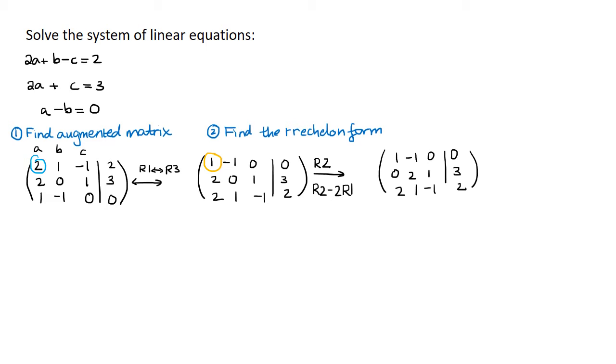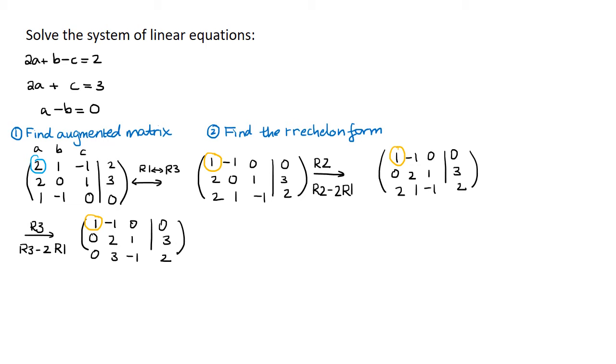Okay, and now next we want to eliminate the 2 in the third row below our leading entry. So I'm going to replace row 3 with row 3 minus 2 times row 1. Now, below my leading entry, I have all zeros. So I'm done with row 1.